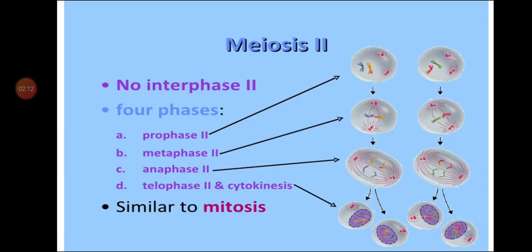Then we saw the phases of meiosis 2, that is prophase 2, metaphase 2, anaphase 2, telophase 2. All these phases are similar to mitosis, and we have completed till telophase 2.